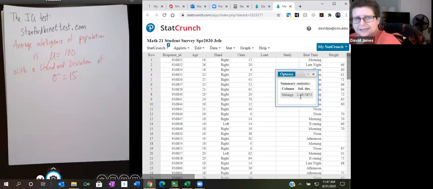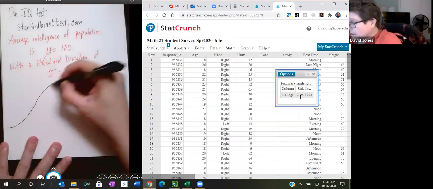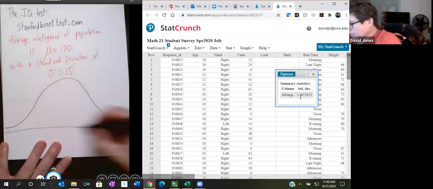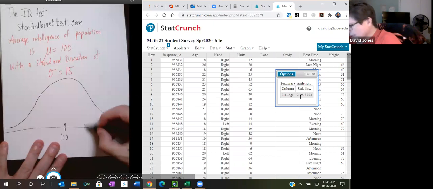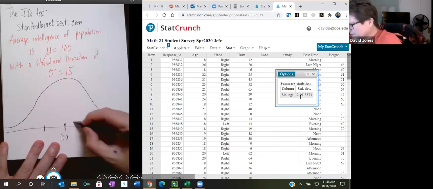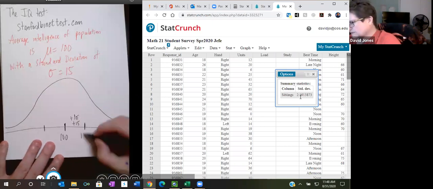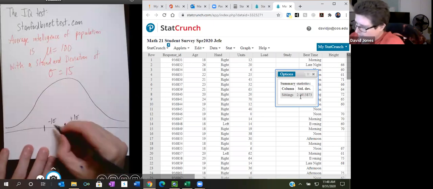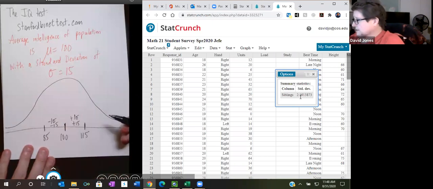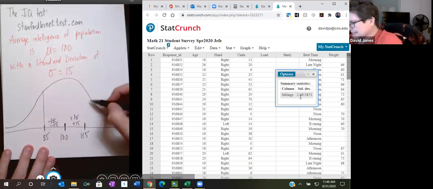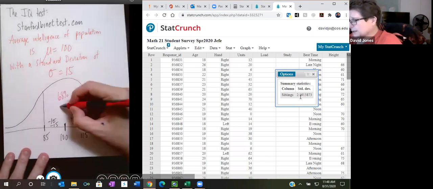We'll do more with this later, but let me just illustrate what's going on pictorially. So if I've got 100 in the center, and I go the same distance either way, I do 100 plus 15 to get this direction, or 1 sigma. I'm at 115. If I subtract 1 sigma, I go left, I subtract 15, I'm down to 85. This region has 68% of the data. 68% of responses are in here.